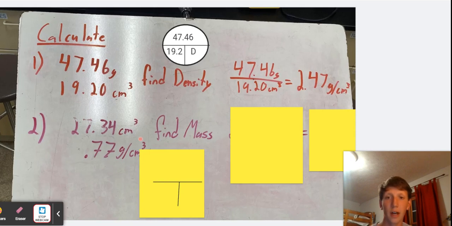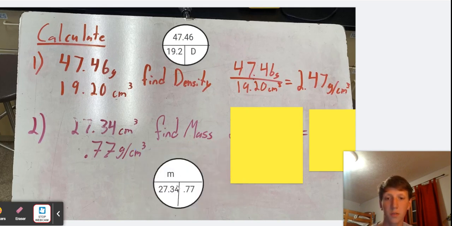We're finding mass, which is going to be this part of our density circle. So here's what our density circle is going to look like. We're going to have mass in the numerator, and in our denominator, we're going to have our density and our volume. So we have 27.34 times 0.77. From here, our equation is going to look like this.